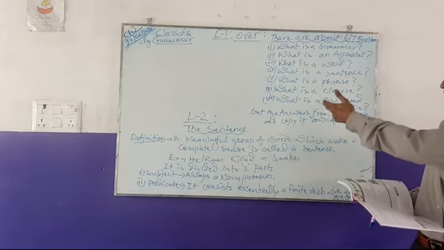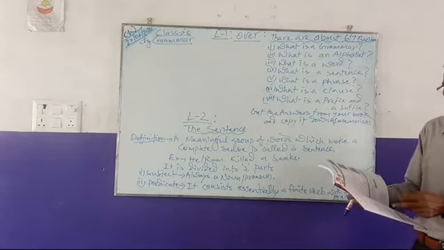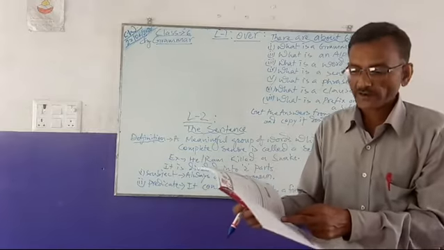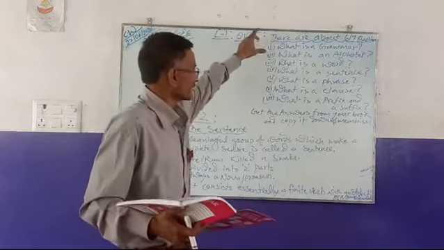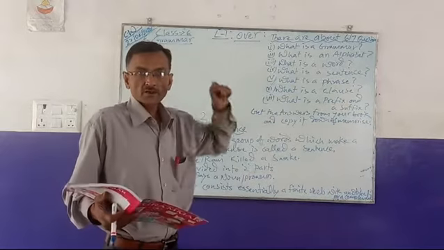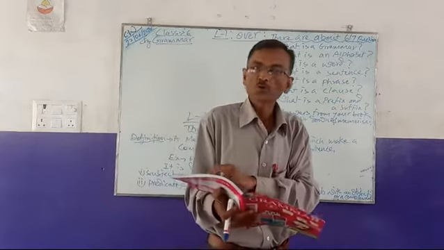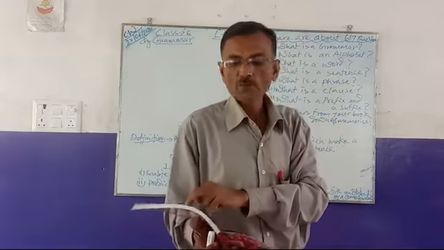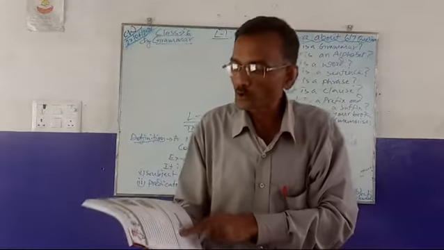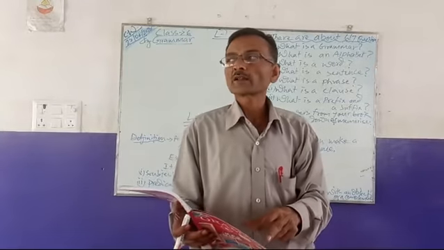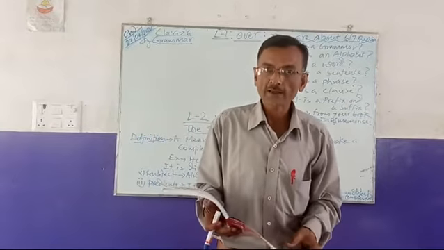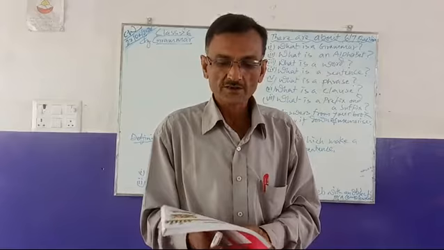What is a prefix and a suffix? A prefix is a form which is not an individual word. So in lesson 1 altogether we have 7 sets of questions that you have to note down well in your CW copies. Now lesson 2 is coming up, the sentence. We have already learned that a meaningful group of words which conveys a complete sense is called a sentence.